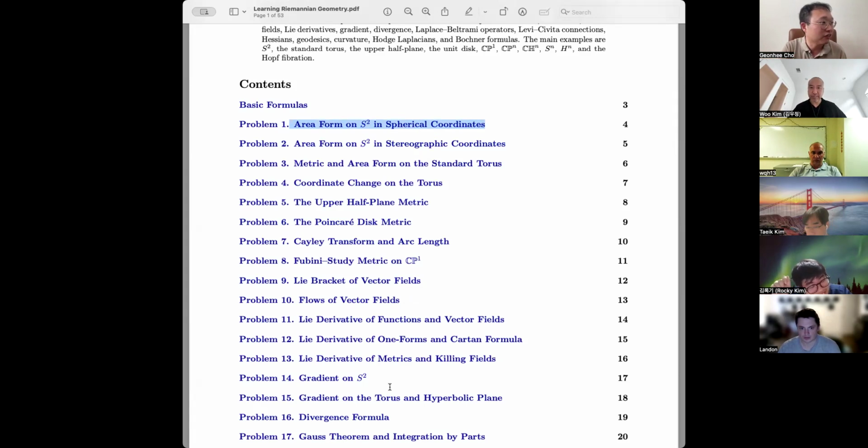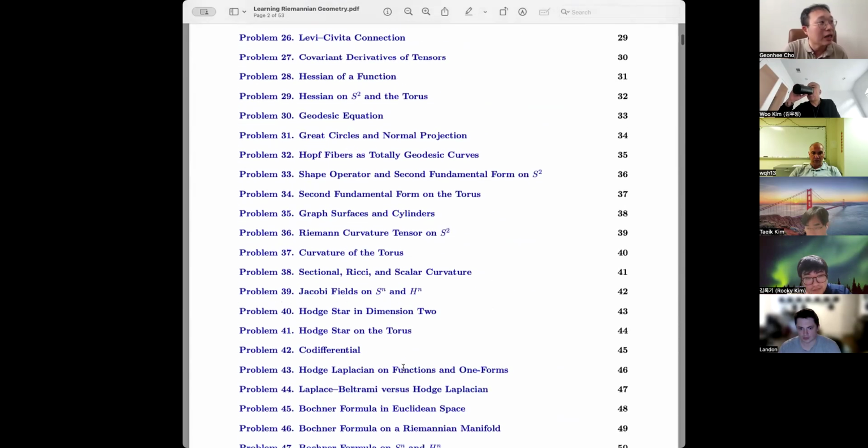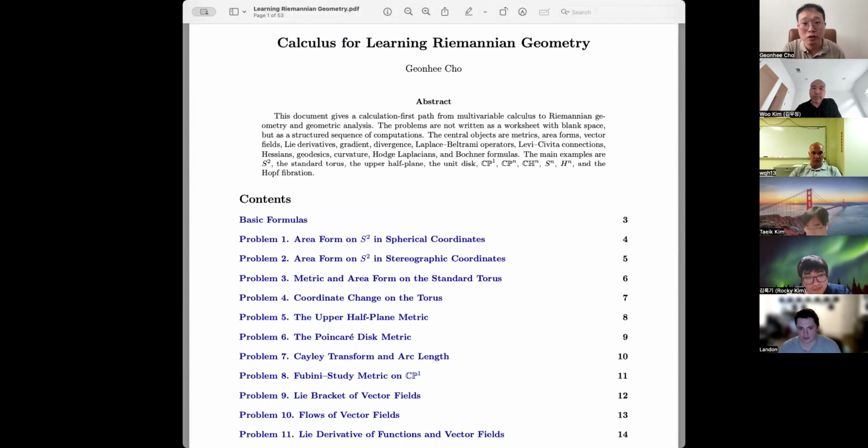For example, we know the gradient in R2. Conceptually, you already have the intuition regarding the gradient on S2, but you still do not know how to do it by yourself. So I just want to go over them one by one. If any of you suggest, why don't we discuss this problem this week, then rather than looking at just one possible computational method, each of us brings our own method.